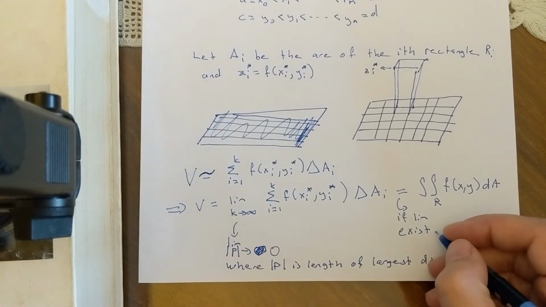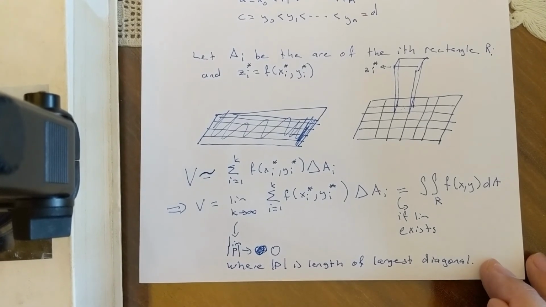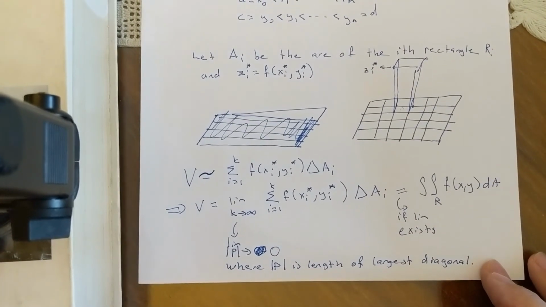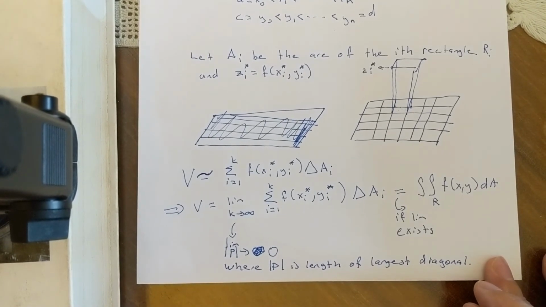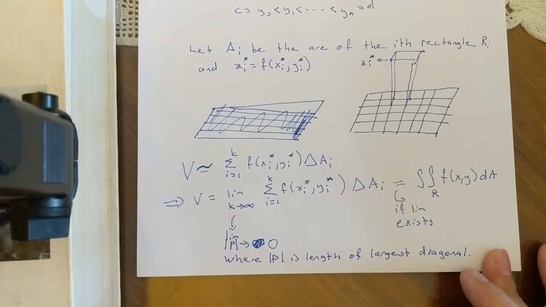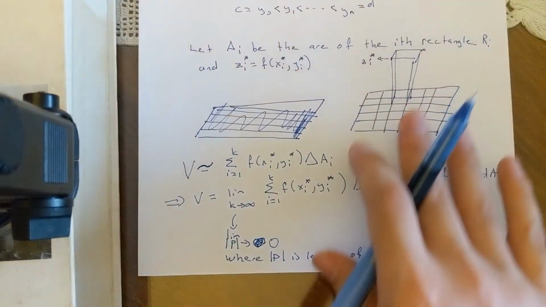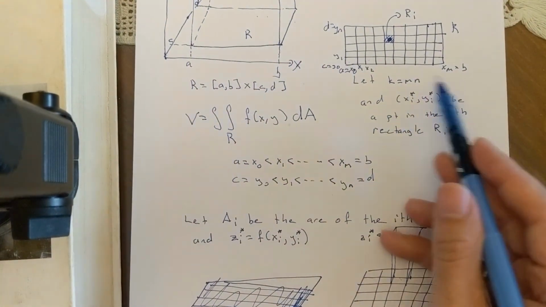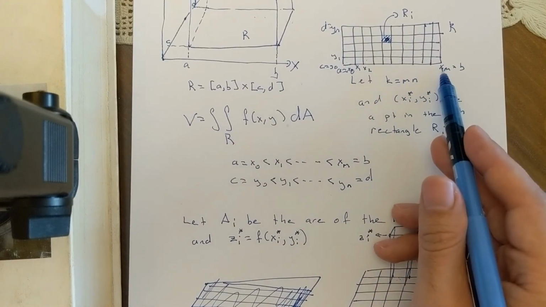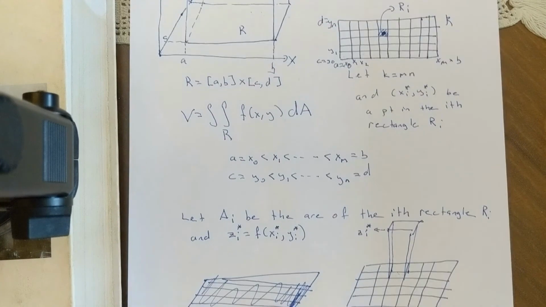Now, the limit might not exist all the time. It might be bad. But if you have a continuous function over a closed rectangle, it will always exist. Now, just like single variable, we can be a little bit more sophisticated. The way I drew it, all the pieces were equal: I divided the width into m equal pieces, and then I divided the height into n equal pieces.